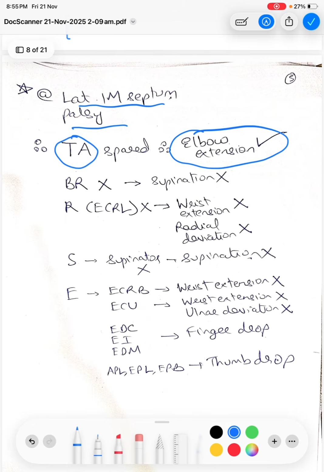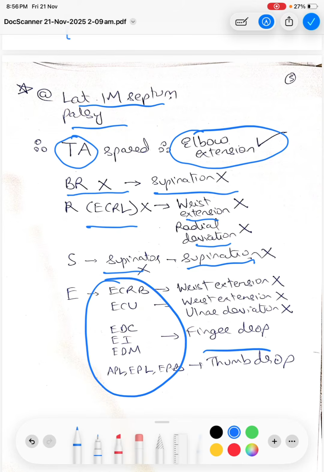But brachioradialis, it is just the lateral intermuscular septum, so it has not yet supplied the brachioradialis. So similar, brachioradialis is gone, so supination is gone, ECRL is gone, so wrist extension, radial deviation is gone, supinator gone, SE, supination is gone, and wrist, thumb and finger extensors all are gone. So the similar picture what you see.